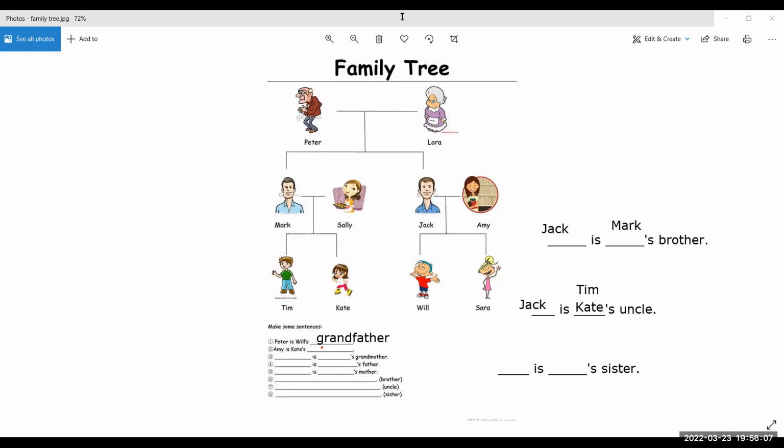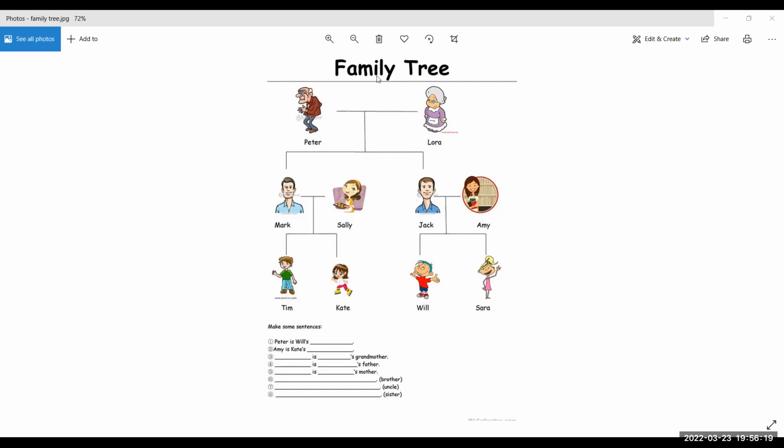All right, so who is whose sister here? Sarah is Will's sister. Good. And Kate is Tim's sister as well. All right, so I have one more question for you, Nathan. How many generations are in this family tree? Three generations. Okay, beautiful.